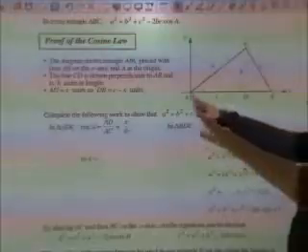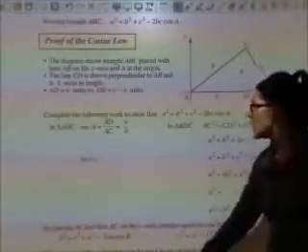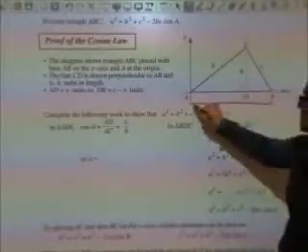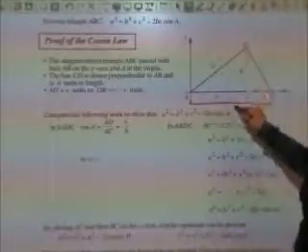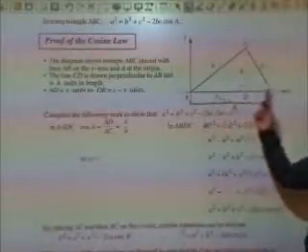If I say that A to D is x, D to B would be c minus x units. C, because this whole length here from A to B is across from angle C, so it would be side c. So if this is x units, this would be the remaining when I subtract it from c.